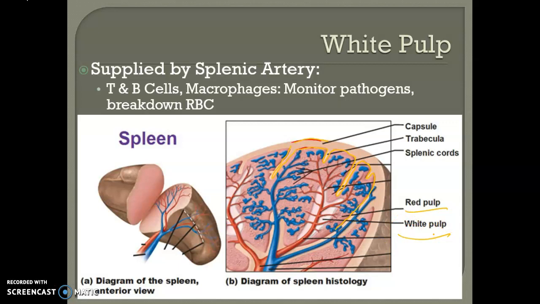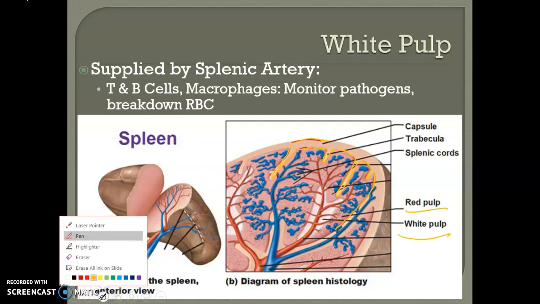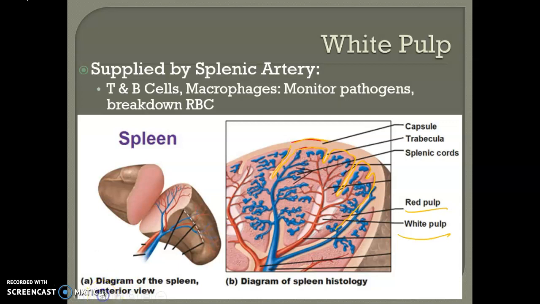I want you to remember that the white pulp is associated with the splenic artery. Now, if you look here, this is a white pulp, and the white pulp is associated with the splenic artery.